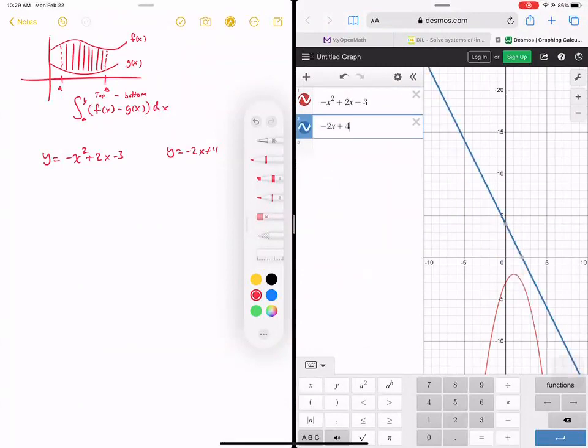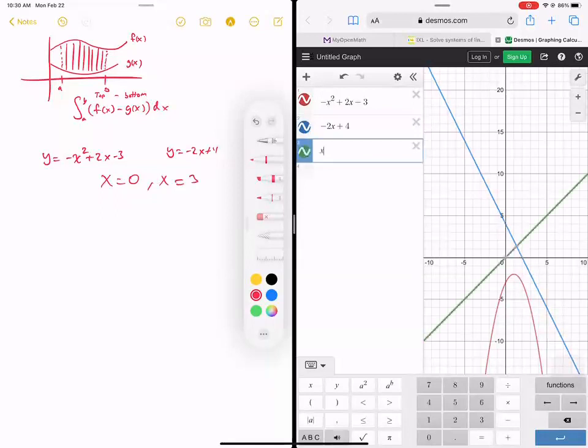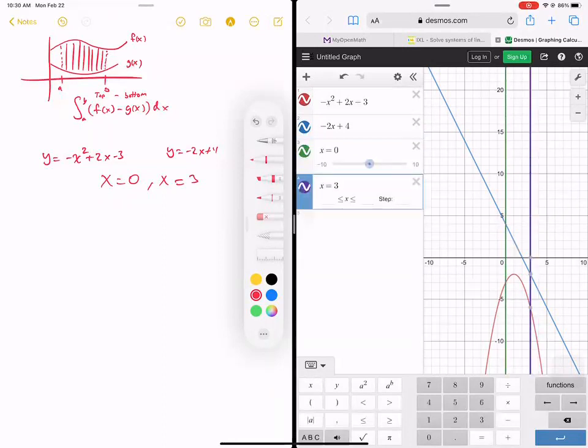I want you to find the area that's enclosed between x equals 0 and x equals 3. So I'm going to throw up some barriers here, x equals 0 and then x equals 3. Let's do some editing here.